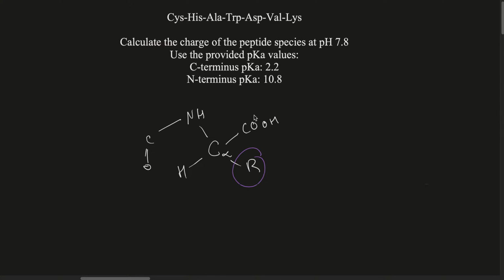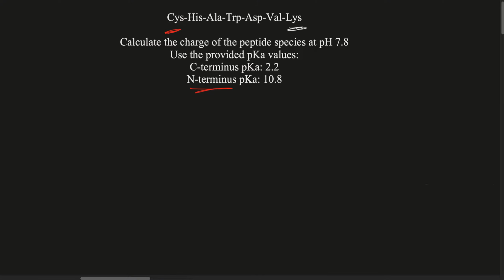And so now you have a carboxyl group and an R group, and they call that carboxyl group the C-terminus. So overall, the things that are going to contribute a charge to a peptide species are the R groups in every single one of these amino acids, the C-terminus that's going to end up over here, and the N-terminus that's going to be over there.